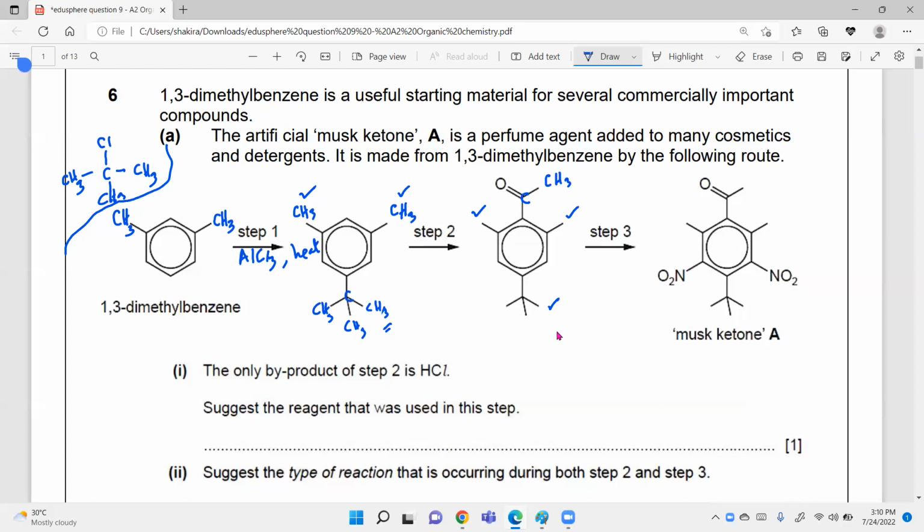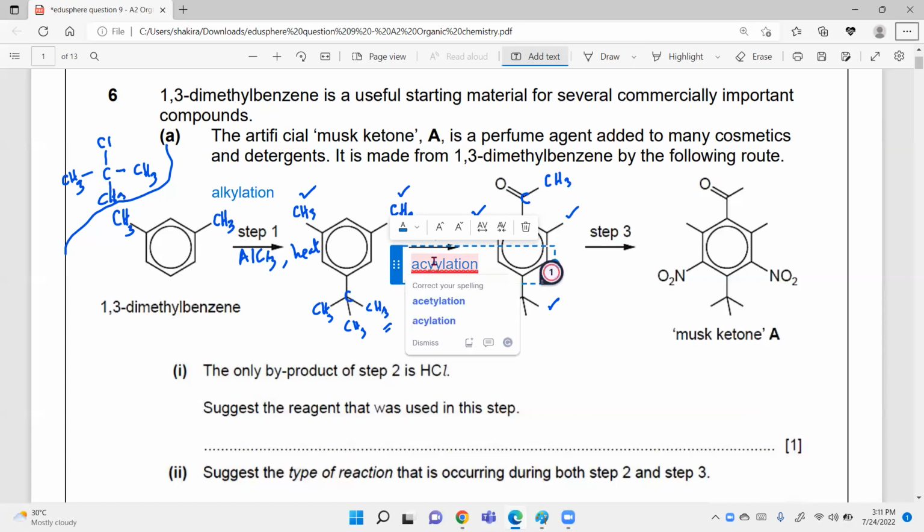Children, in step 1, the name of the reaction is alkylation. It means addition of an alkyl group. Step 2 is acylation. What is the difference between alkylation and acylation?